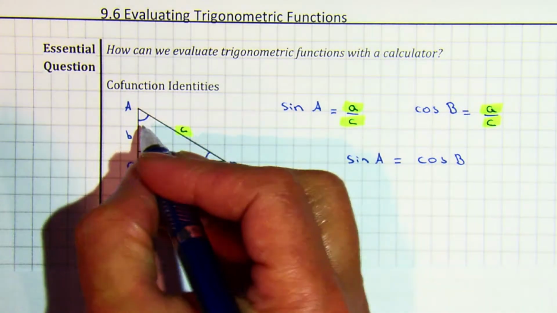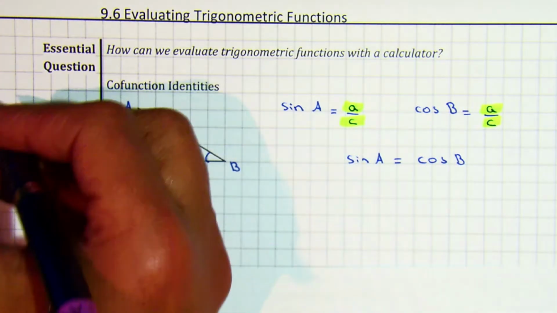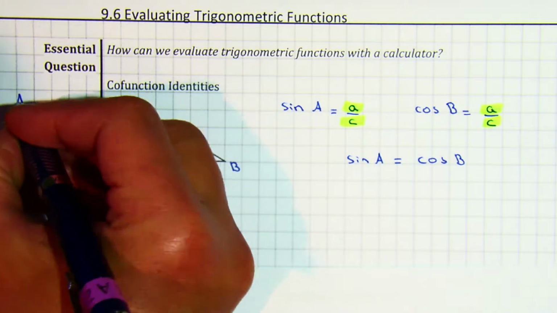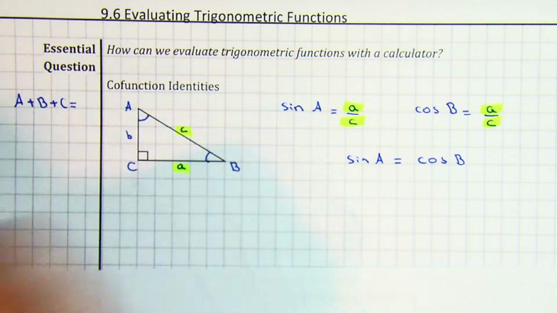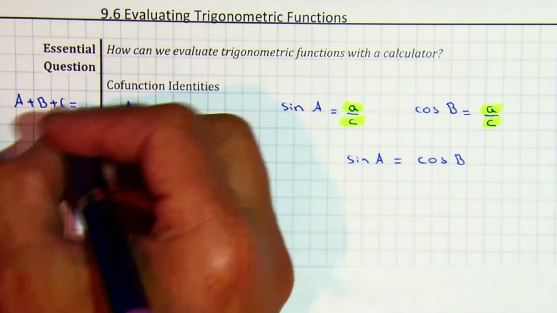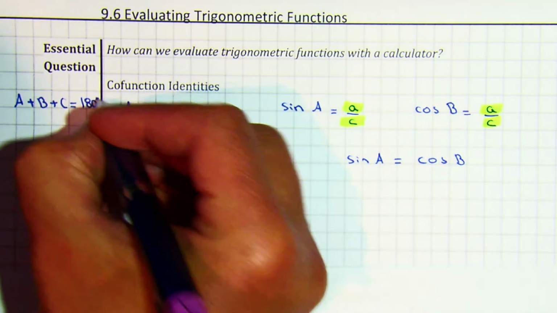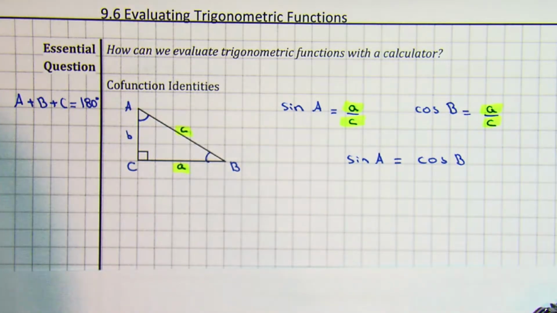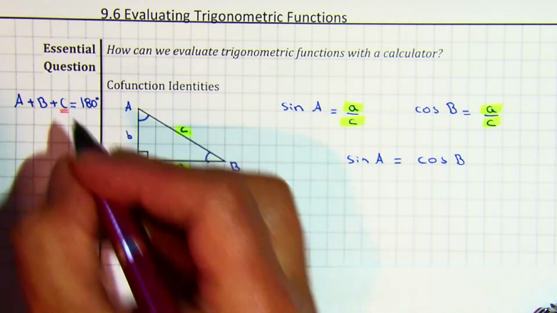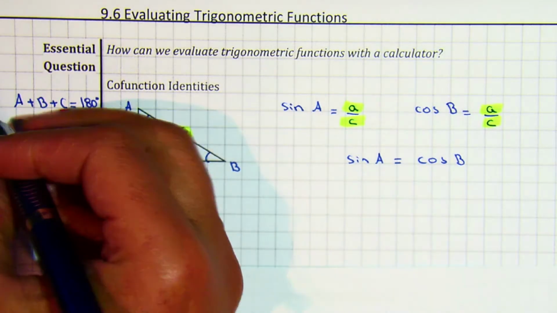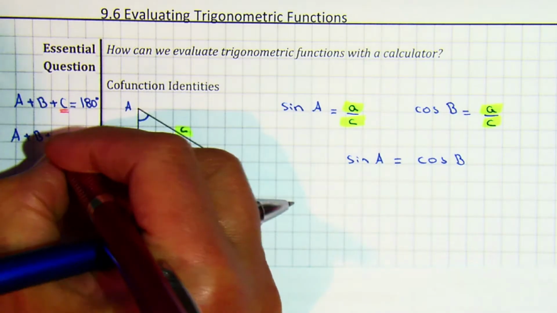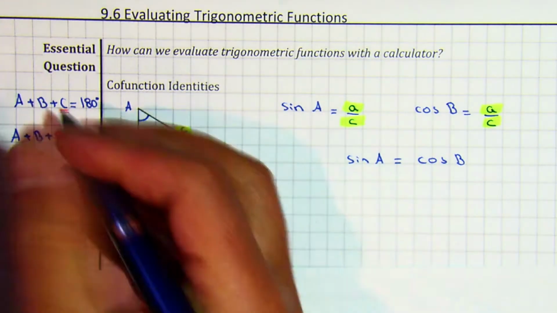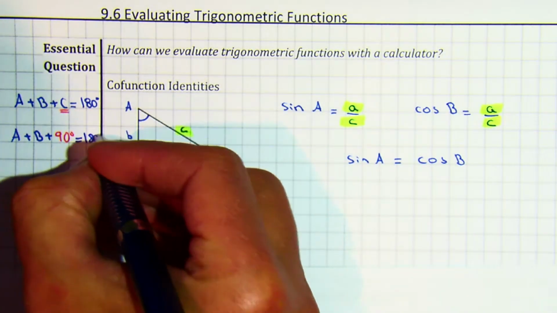Now, we know that if I add all three angles, that'll be equal to 180 degrees. Angle C is 90 degrees, since that's a right triangle, so therefore A plus B plus 90 degrees is equal to 180 degrees.